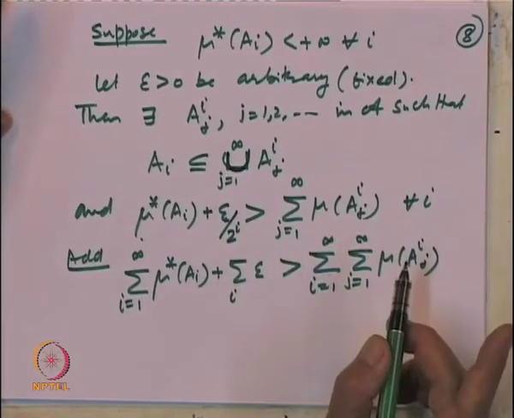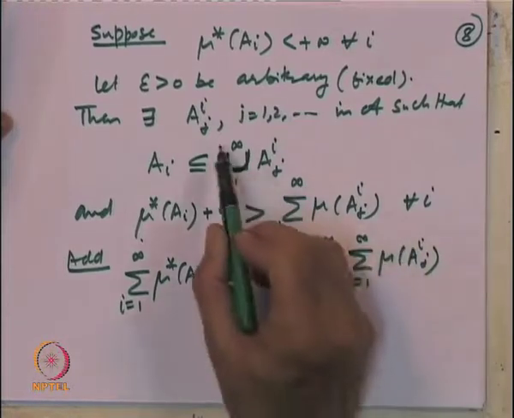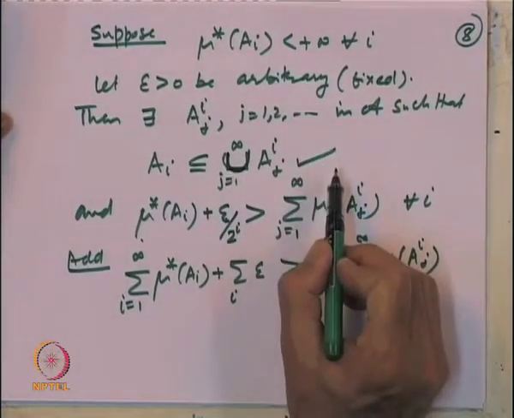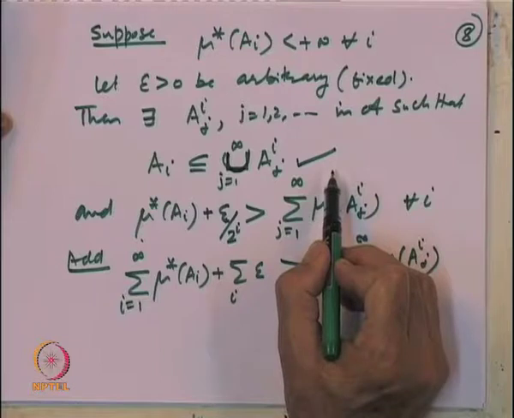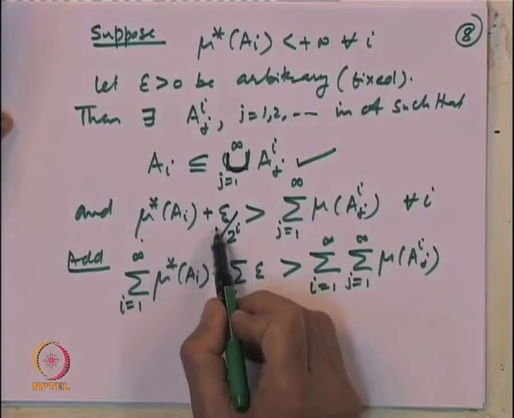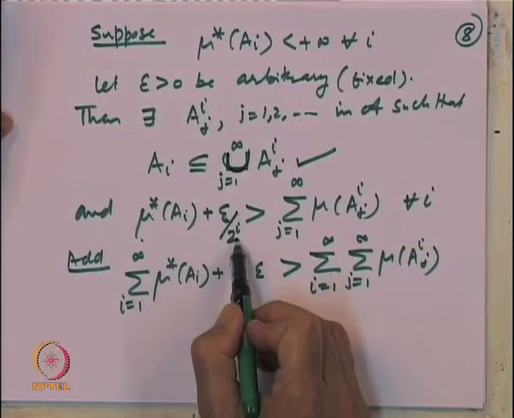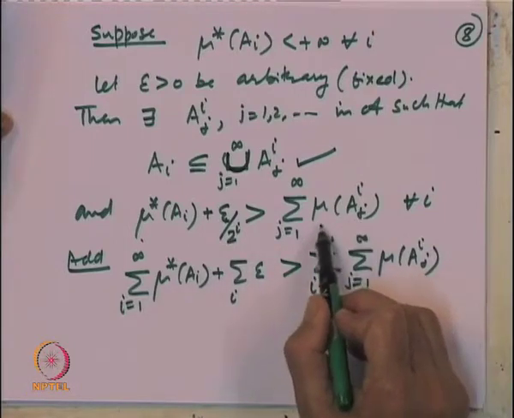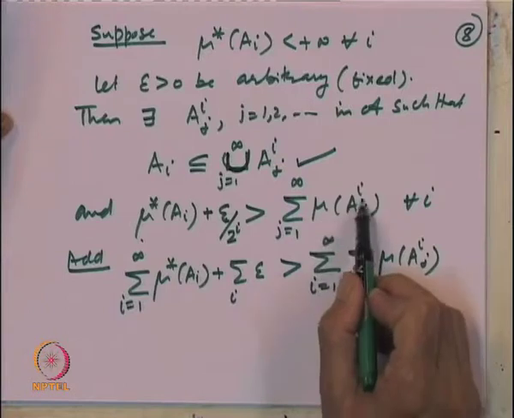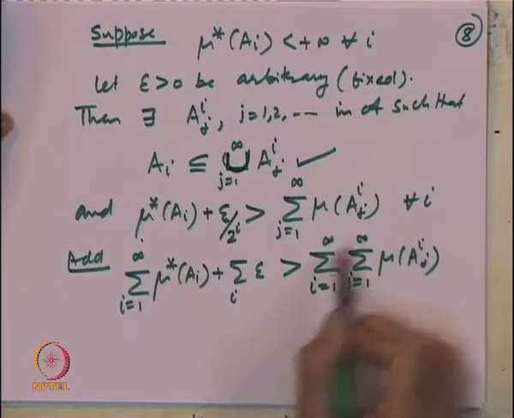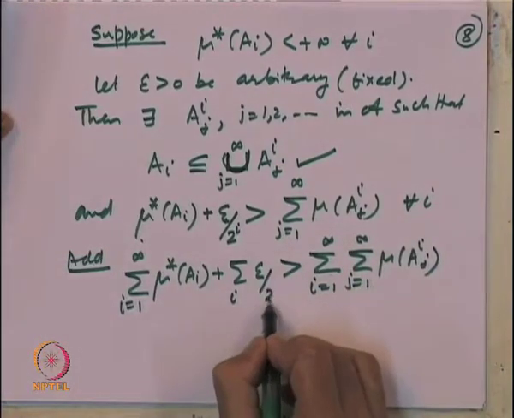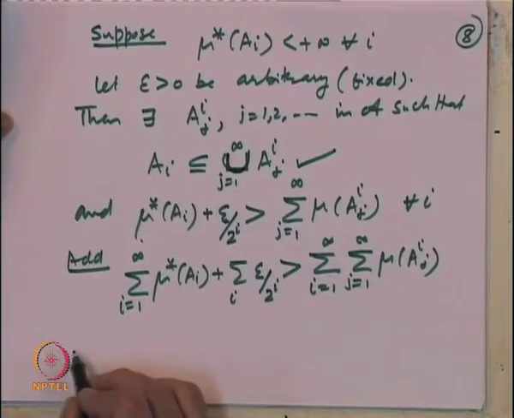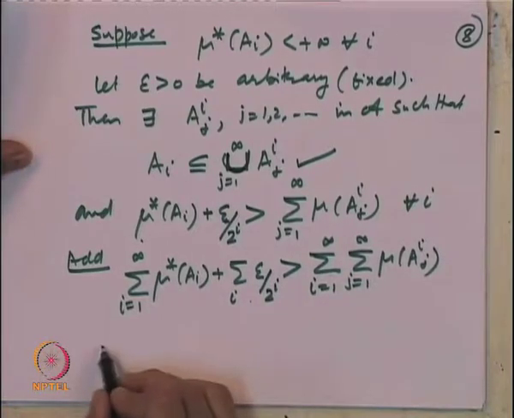What we are saying is, given epsilon, there is a covering such that A_i is covered by that collection, and mu star of A_i plus epsilon divided by 2 to the power i is bigger than the approximate size, that is summation mu of A_ij, and this is for every i. Now, if I add, here is epsilon over 2 to the power i. So, that means we have got this is now convergent.